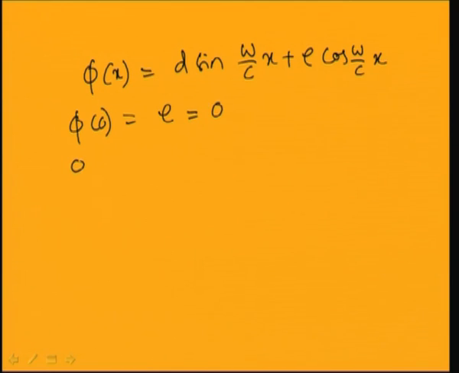So now at phi L, substituting phi L equal to 0, one can write phi L equal to d sin omega by c L. Already e equal to 0, so this term is not there. So 0 equal to d sin omega by c into L. So either d equal to 0 or sin omega by c L equal to 0.